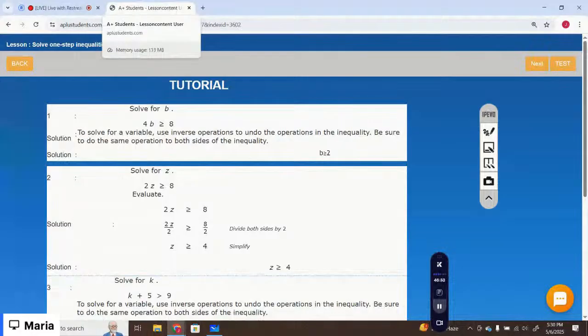Solve for b. 4b is greater than or equal to 8. So let's divide both sides by 4. Let's start with the test questions.